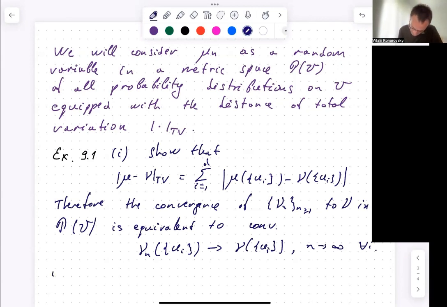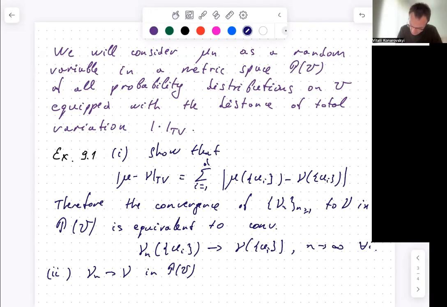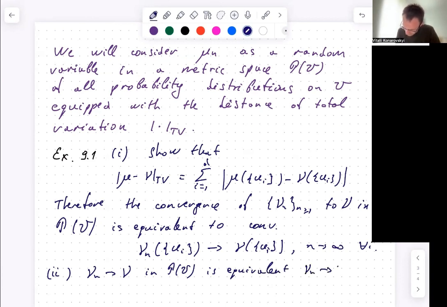And the second part is that if nu n converges in this space equipped with the total variation distance, that actually means, as we already said, that the mass of every point of U converges to the corresponding mass. Then this convergence is equivalent to weak convergence.